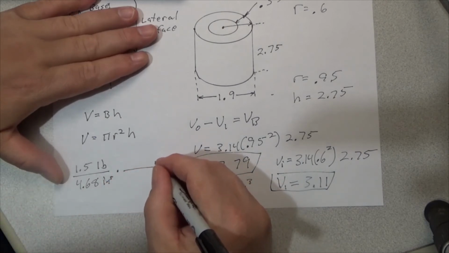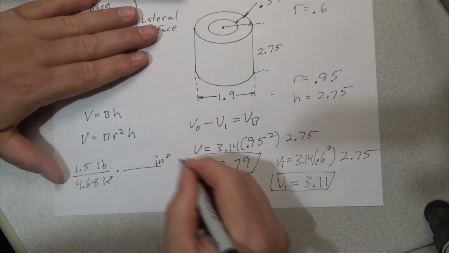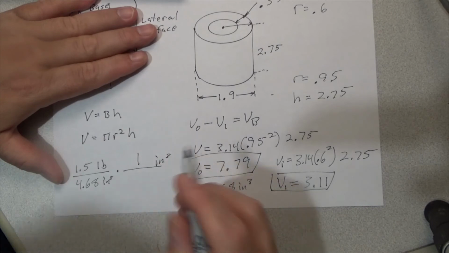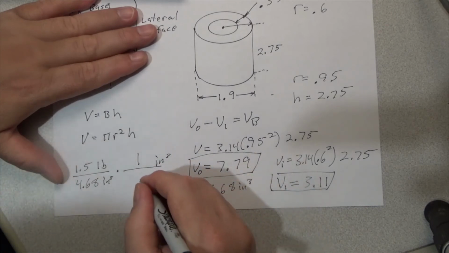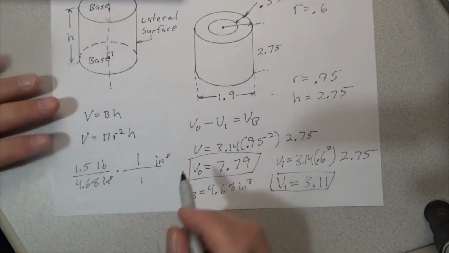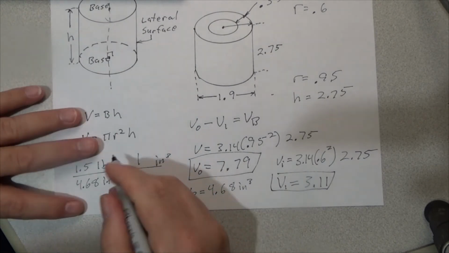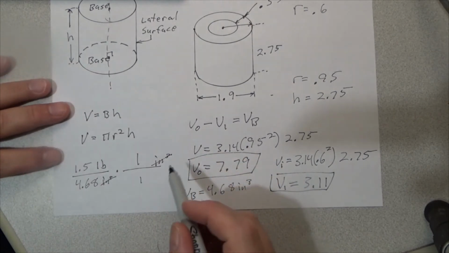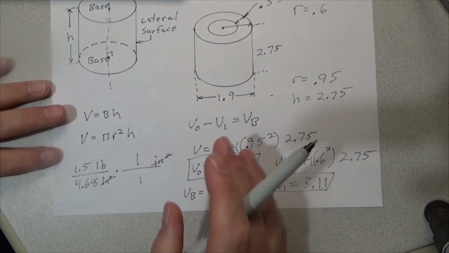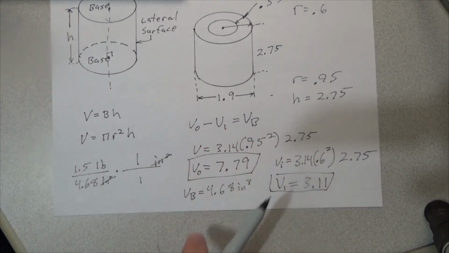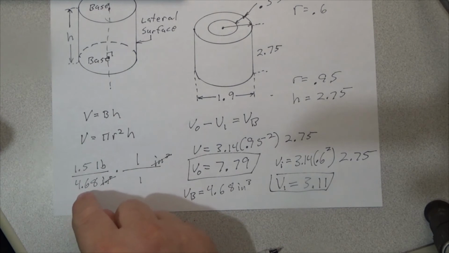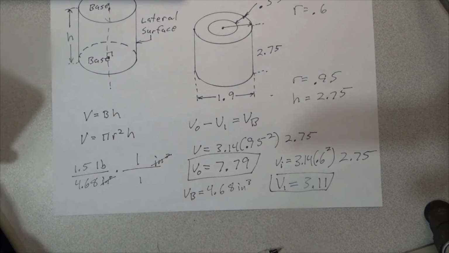And what they want is inches cubed in the top. So 1 inch cubed, I'll put a 1 in the bottom. So inches cubed cancels, inches cubed cancels. And once I figure this out, I'll find out how much that weighs. So 1.5 times 1 over 4.68 times 1.